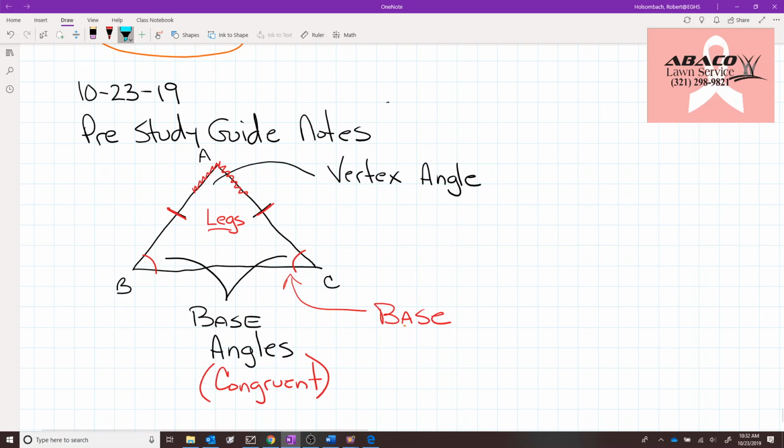The other two angles in an isosceles triangle are called base angles. The congruent sides are called legs. The third side is called the base.